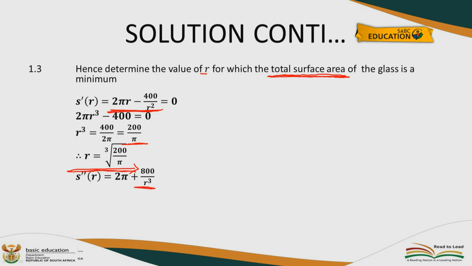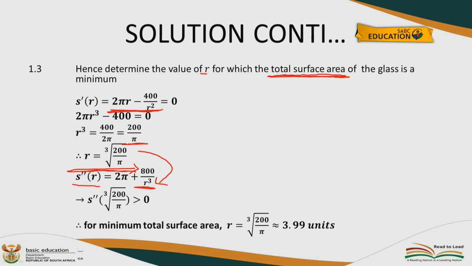If you substitute that value in there, you can clearly see that the second derivative is going to be positive. It means that the second derivative at this value of r is greater than 0. And we said earlier that if the second derivative is greater than 0, that refers to a minimum quantity.